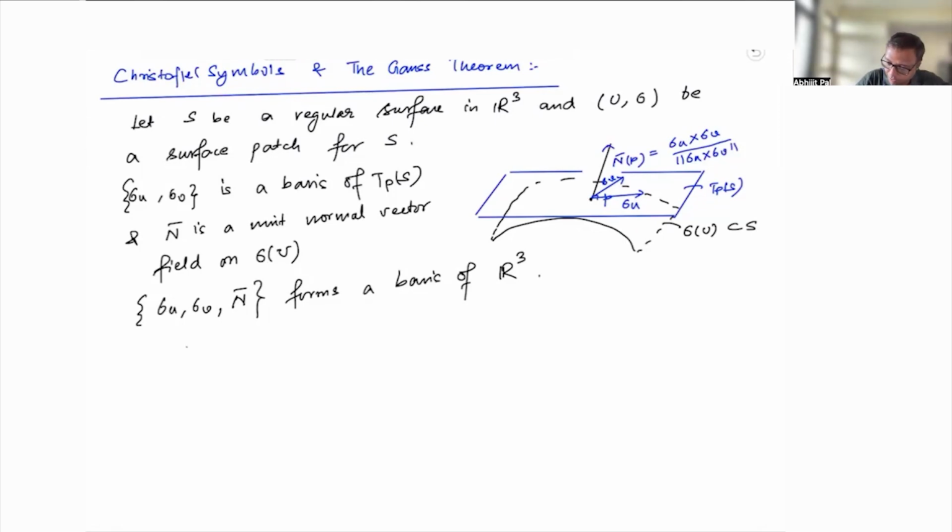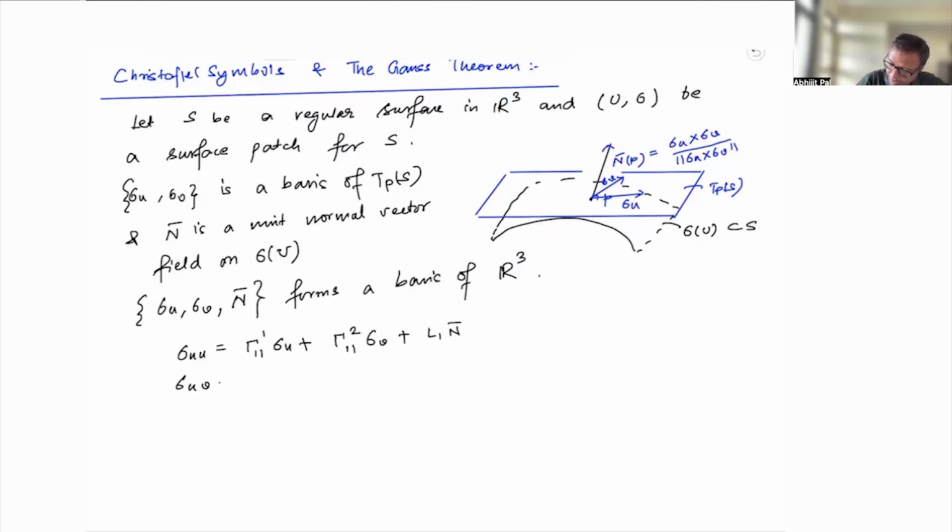Now if I take sigma uu, this is again a vector in R3, so you can write it as a linear combination of sigma u, sigma v, and N bar. It is equal to gamma 1 1 1 sigma u plus gamma 2 1 1 sigma v plus L1 N bar.